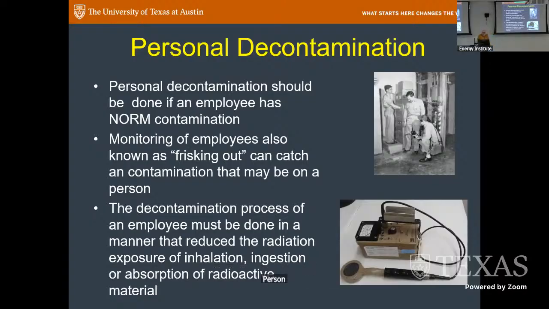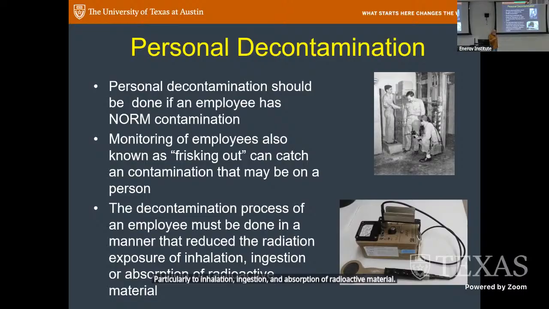Personal decontamination should be done if an employee has NORM contamination. Monitoring of employees means frisking, taking a radiation monitor after the clothes are off to make sure there is nothing residual on you. The decontamination process of an employee must be done in a manner that reduces radiation exposure, particularly through inhalation, ingestion, and absorption of radioactive material.